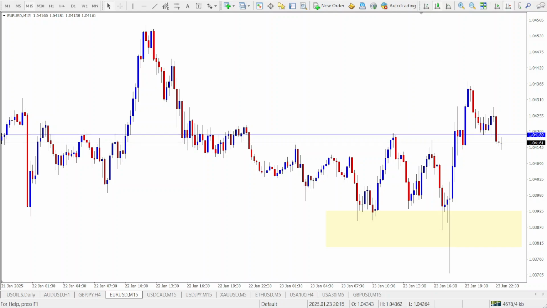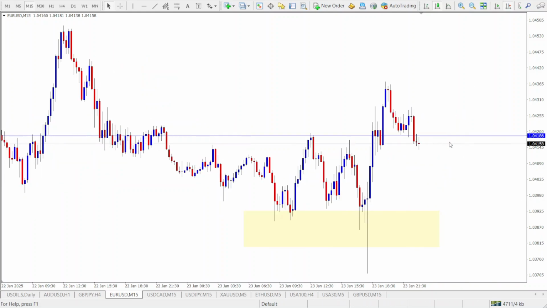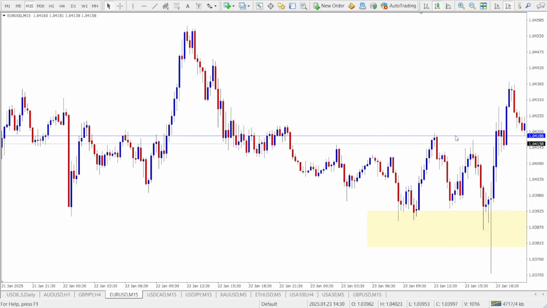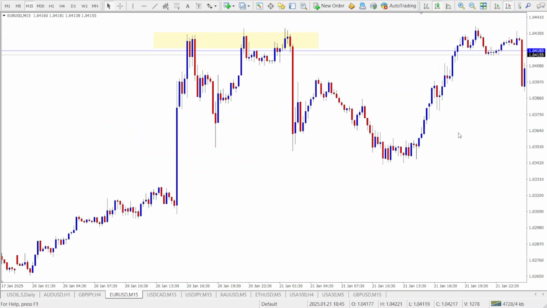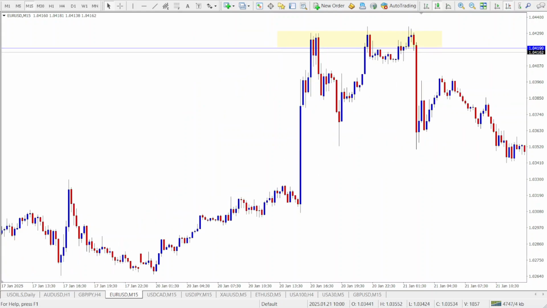Now, a supply zone often forms after a strong bullish move, because right after the bullish move, for example, we can see what happened here.